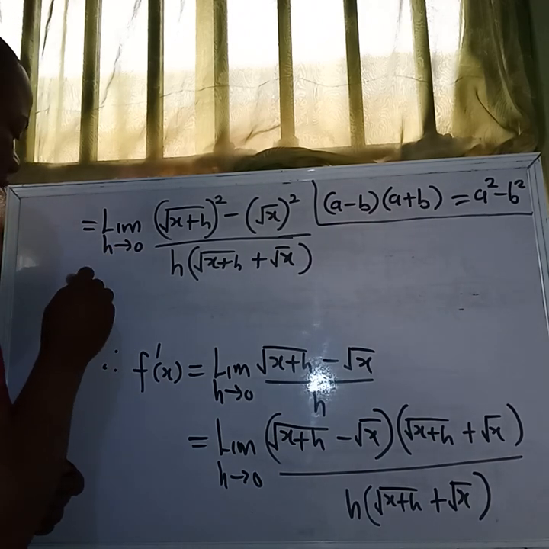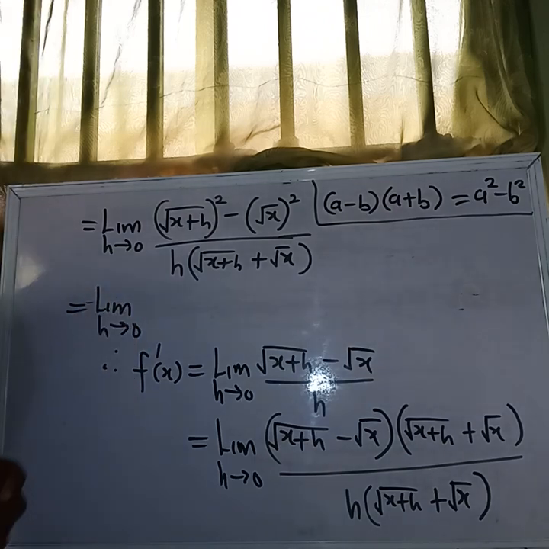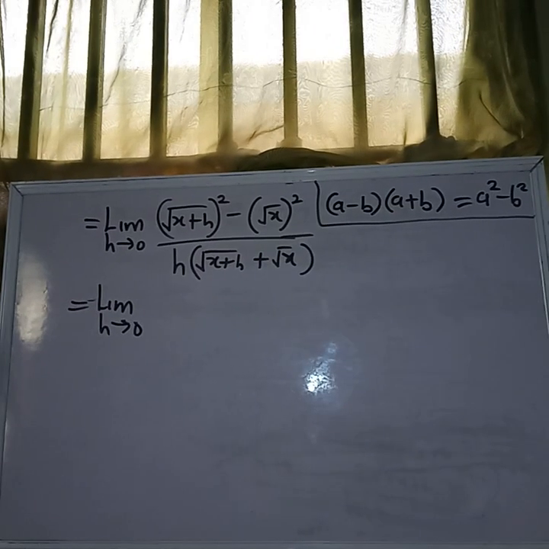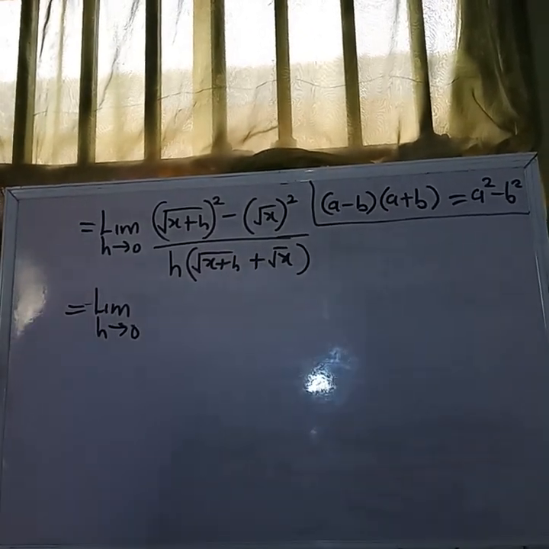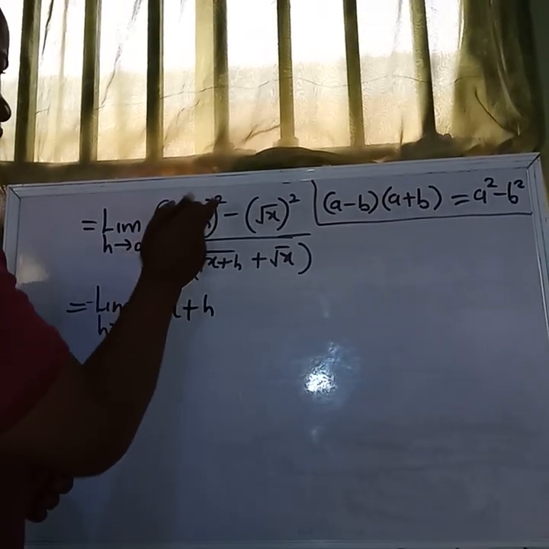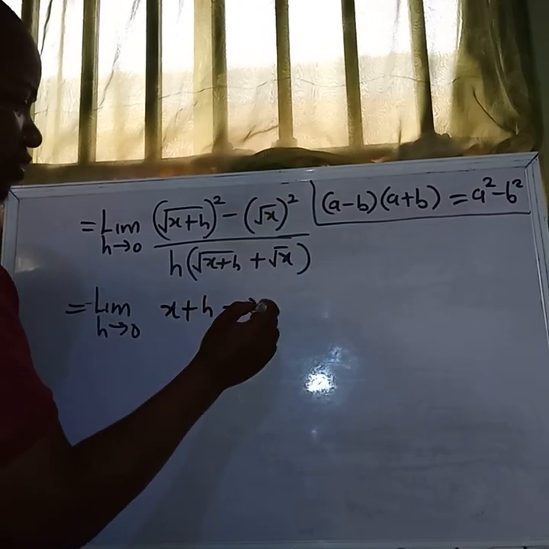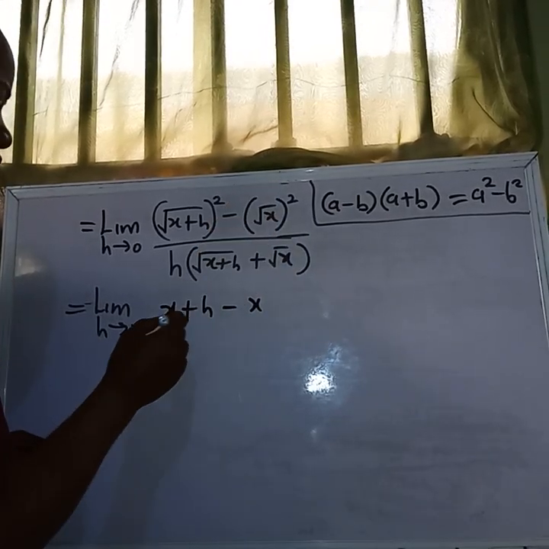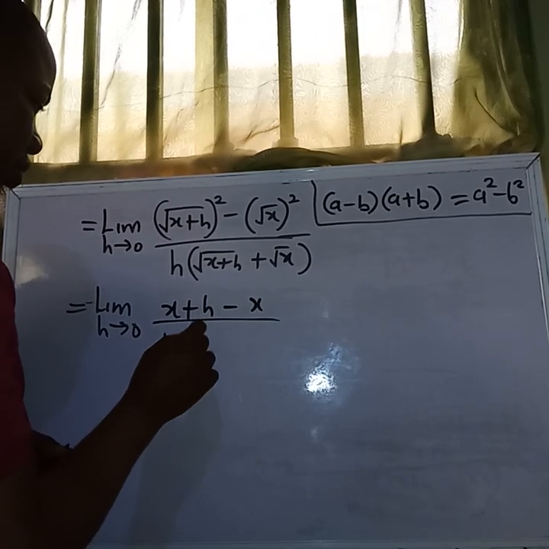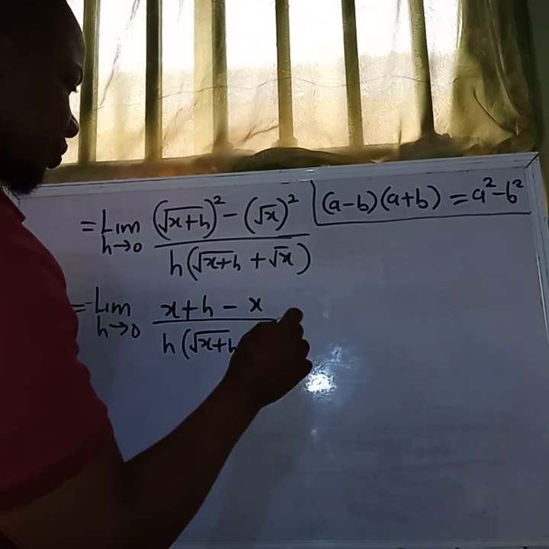This becomes the limit as h tends to 0 of x plus h, because the square cancels the square root, minus x, and this also cancels the square root. Everything here is over h into the square root of x plus h plus the square root of x.